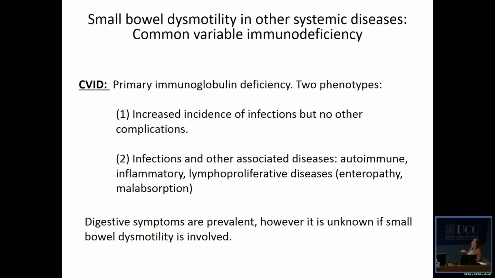One phenotype has more infections but does not have other complications, and the other phenotype has infections but also has autoimmune, inflammatory, lymphoproliferative diseases, and these are the enteropathy patients, the ones that have malabsorption. However, digestive symptoms are prevalent in both phenotypes, and it is unknown if small bowel dysmotility is involved. It's suspected, everyone says it, but nobody has demonstrated it.